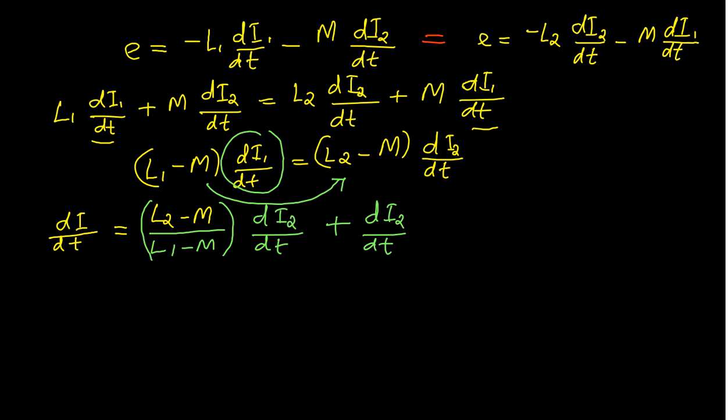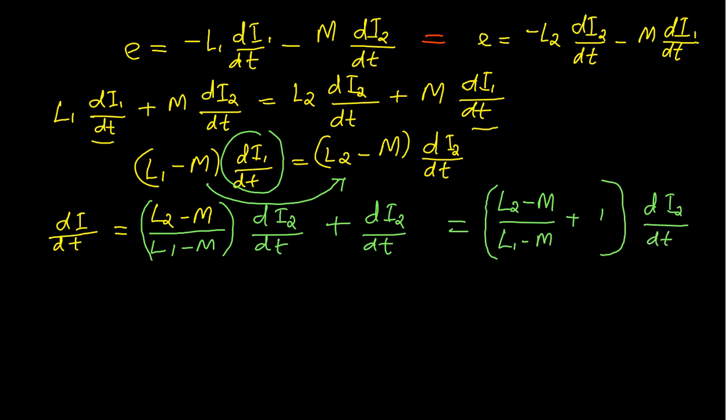Rearranging once more, moving dI2 by dt outside, dI by dt is equal to L2 minus M divided by L1 minus M, plus 1, into dI2 by dt.